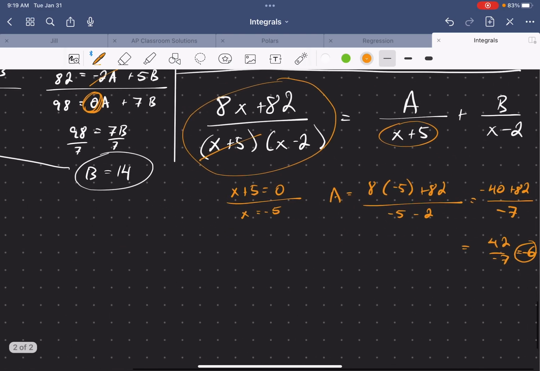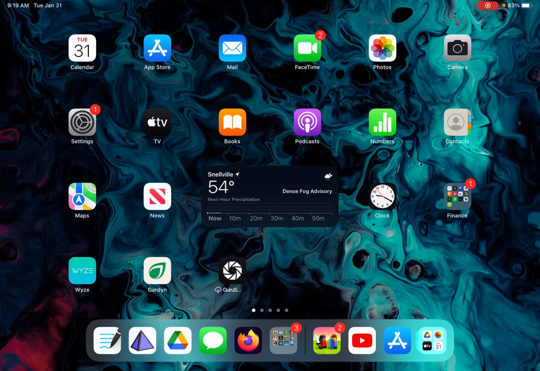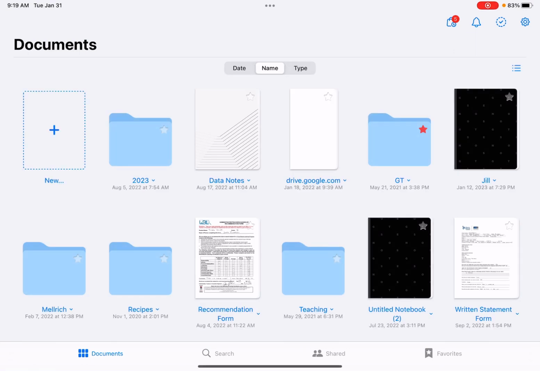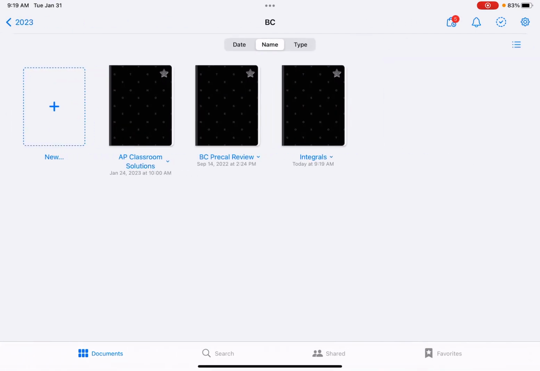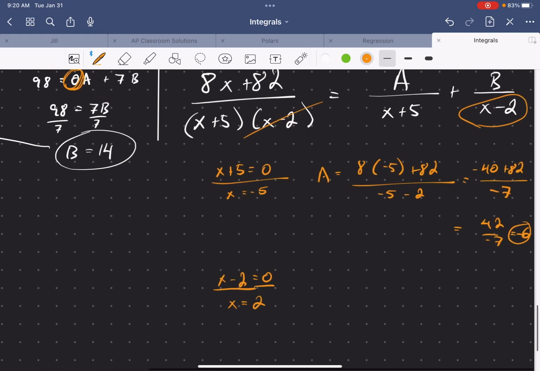And then we can find the b value in a similar method. To find the b, we would take the denominator for the b, which is x minus 2, set that equal to 0, and solve for x to get 2. Then we go back to this original equation here and instead cross out the x minus 2, and then set x equal to 2 for the rest of the problem.